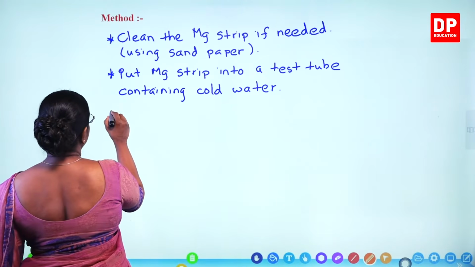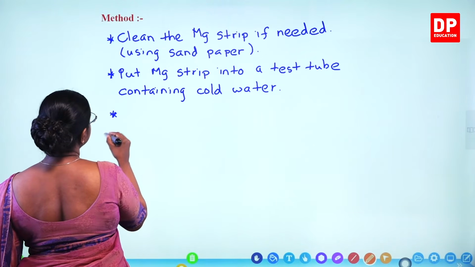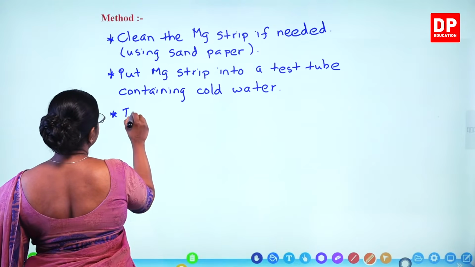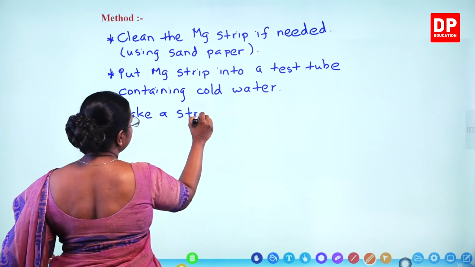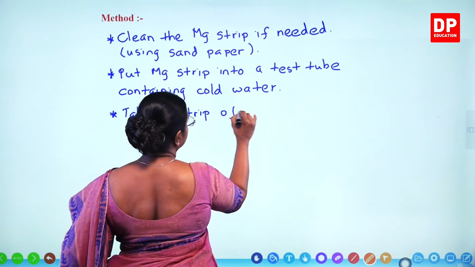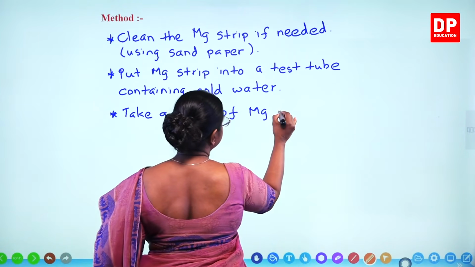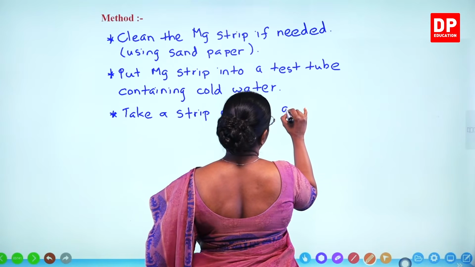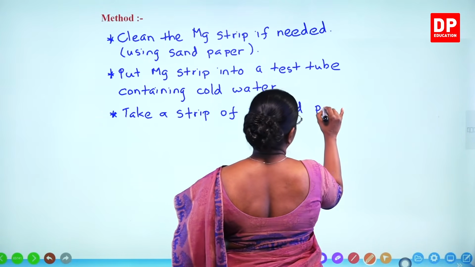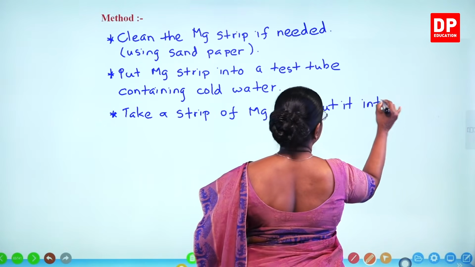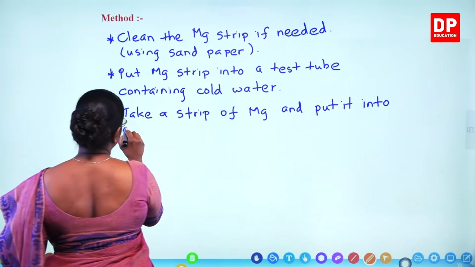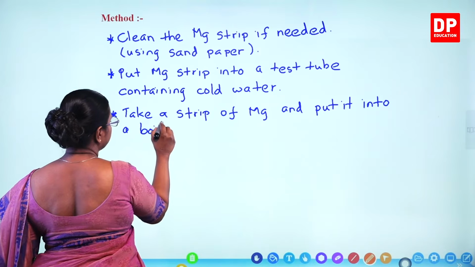So, the next step, take a strip of magnesium and put it into a boiling tube containing water.